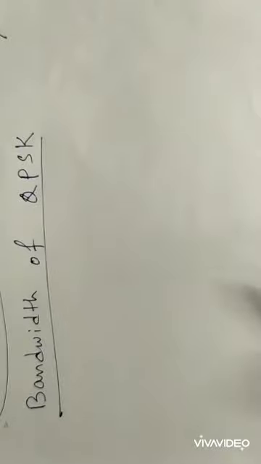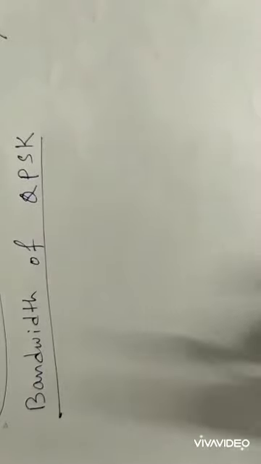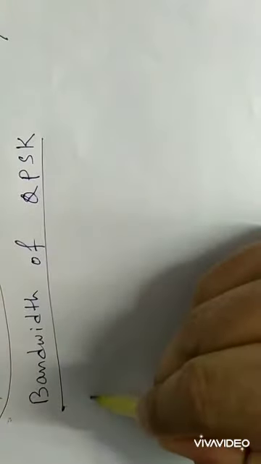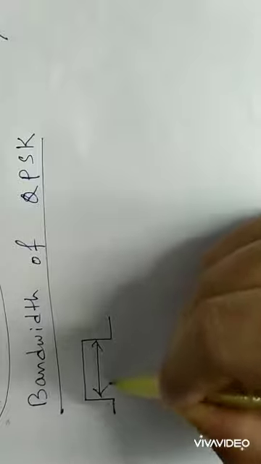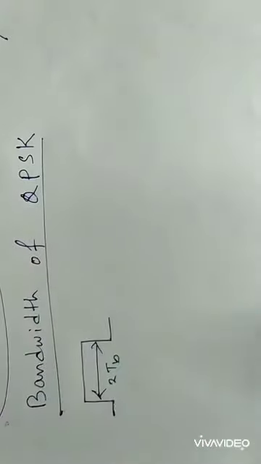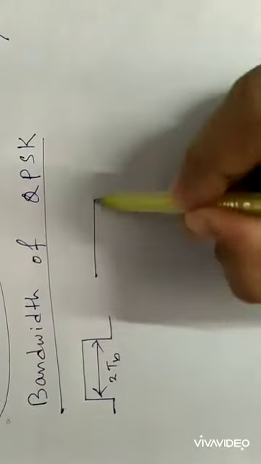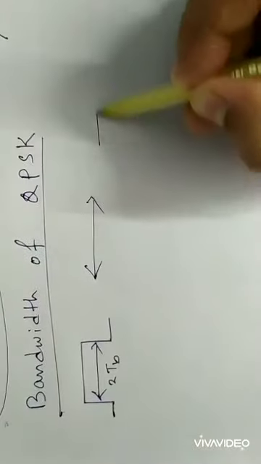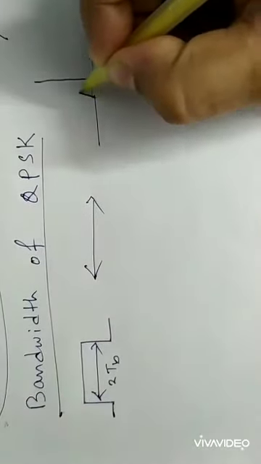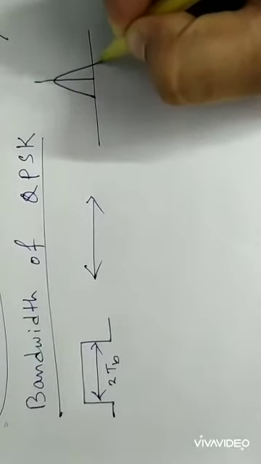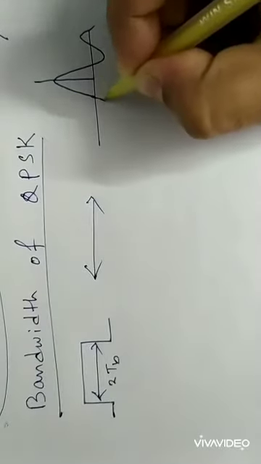Now here in QPSK the different thing is that you send 2 bits at a time. So the bit duration is not TB here. Here the bit duration is 2 TB. So in the frequency domain it looks like a sinc pulse.